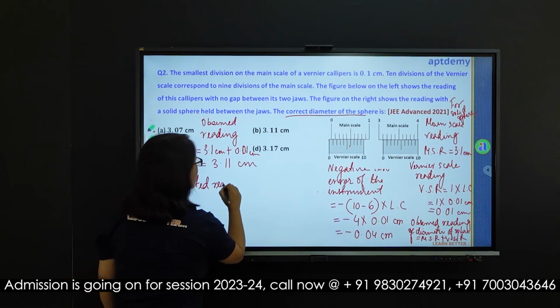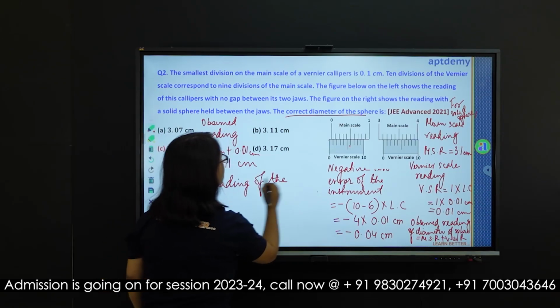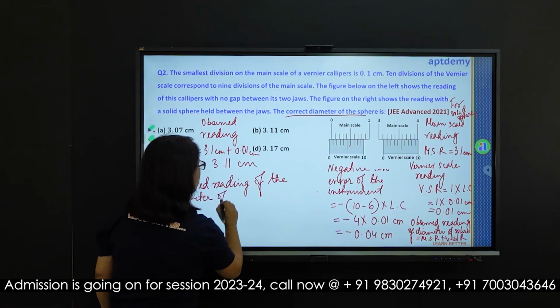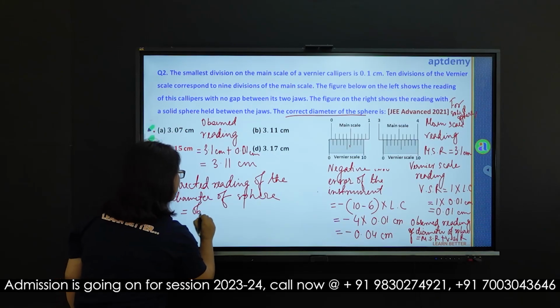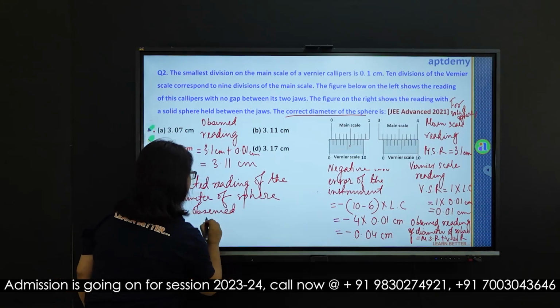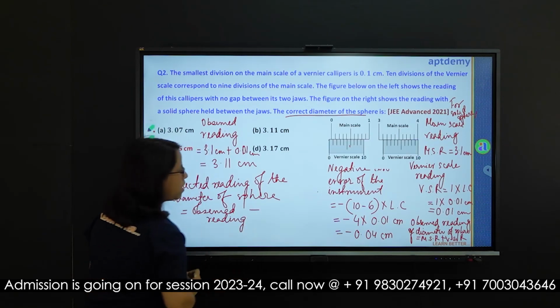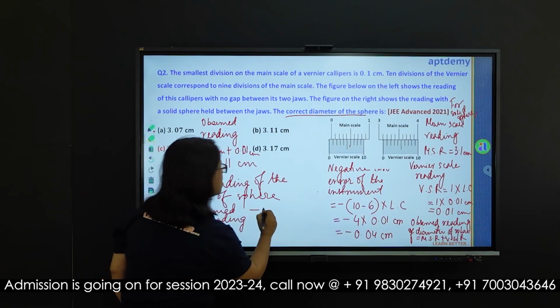The corrected reading of the diameter of the sphere is equal to the observed reading minus the zero error.